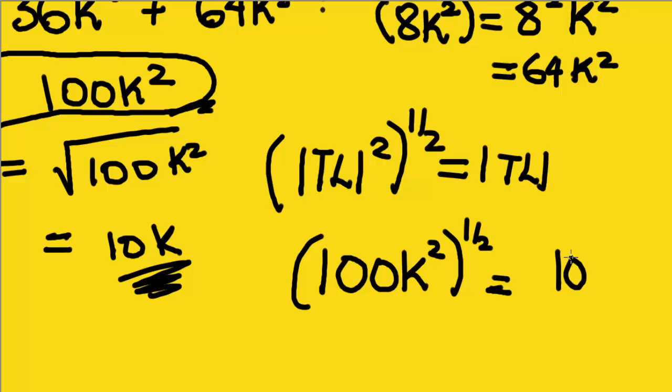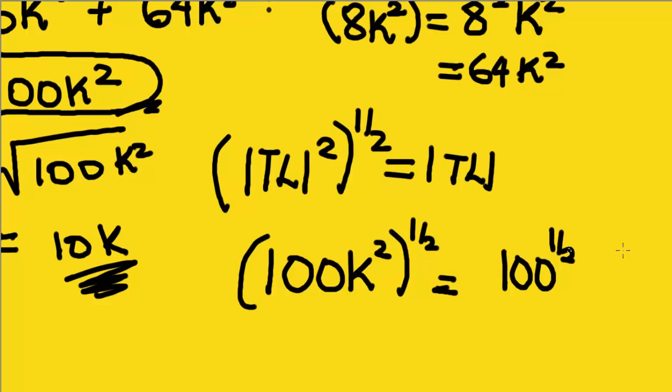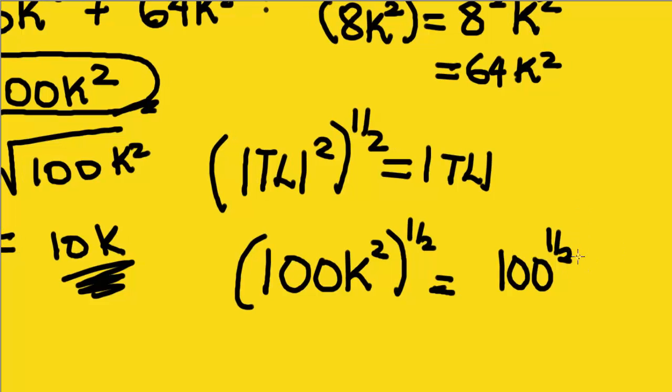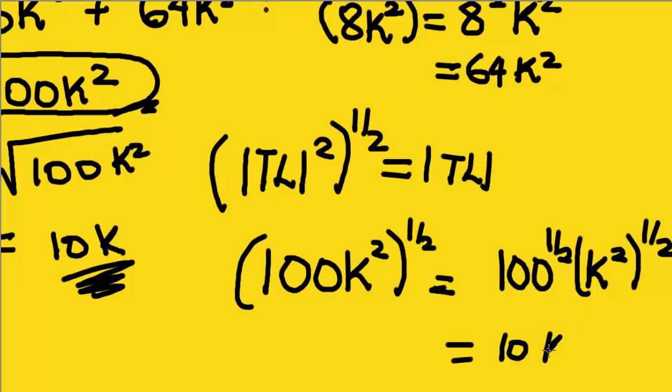100 to the half, using the exponent law I introduced just now, 100 to the half times k squared to the half. 100 to the half is the same thing as saying the square root of 100. You can check it with your calculator and you get 10. K squared to the half is k to the 2 times half.